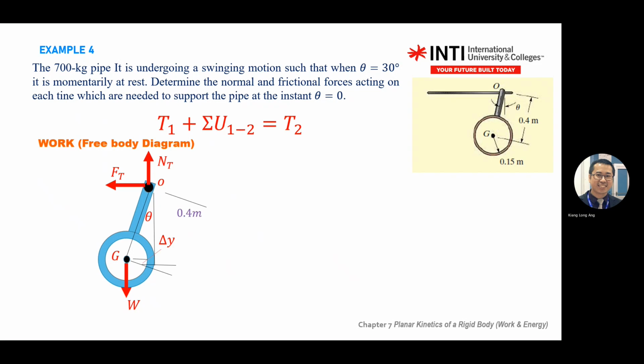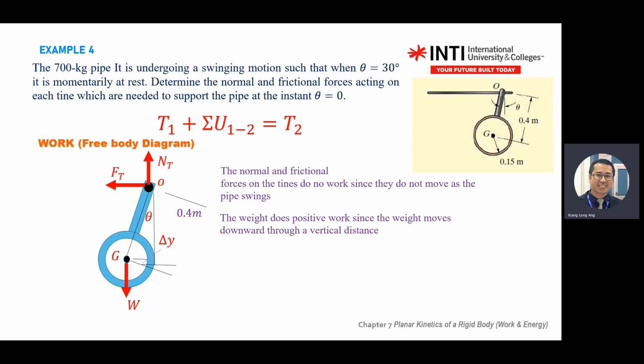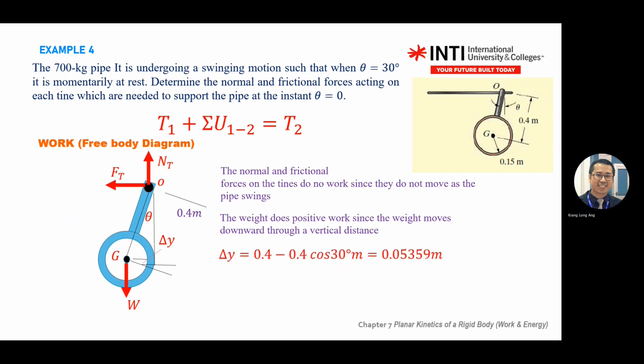Okay. So again, normal and friction force do not do work because they are not going anywhere. Weight will do work and moment will do work. Okay. Delta y, you can find 0.4 minus 0.4 cos theta.